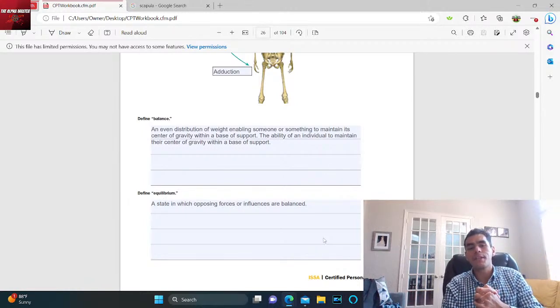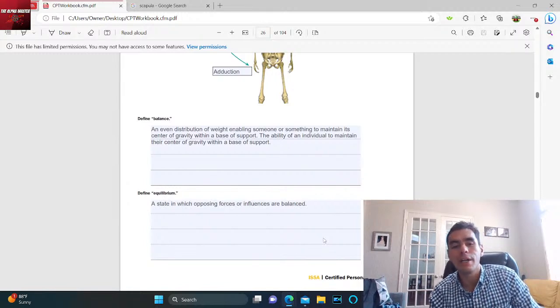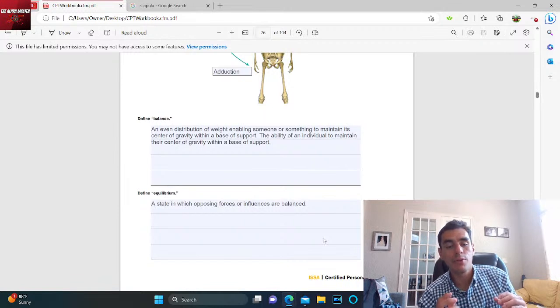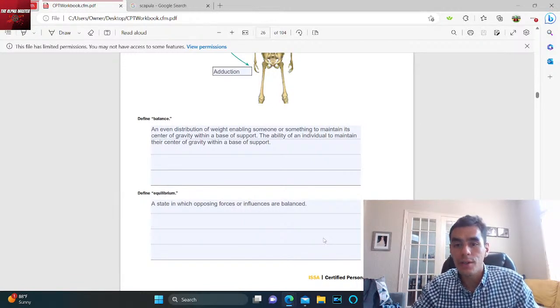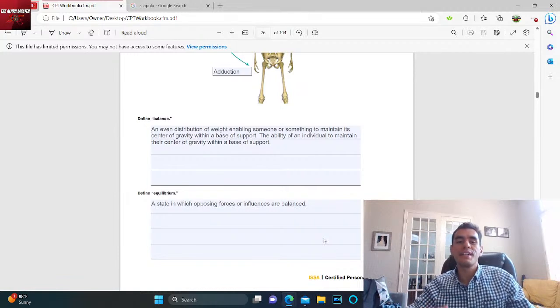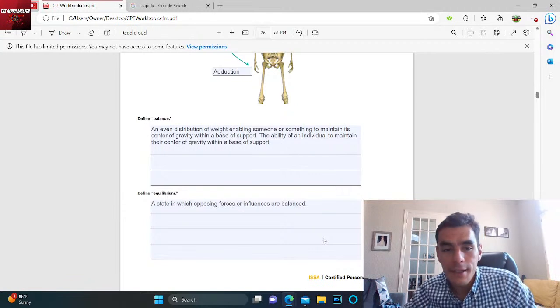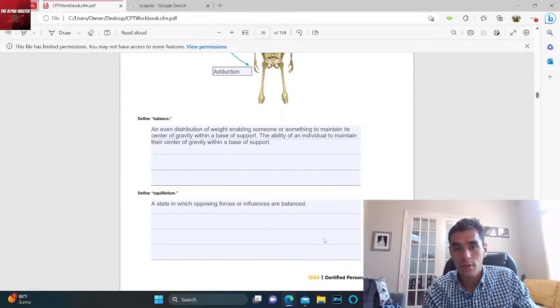The ability of an individual to maintain their center of gravity within a base of support. That's going to be balance.